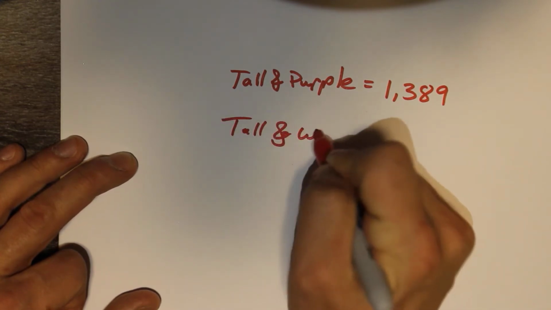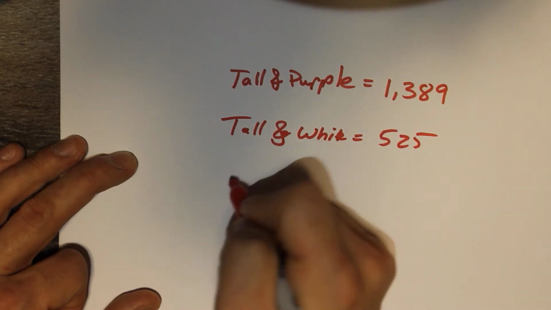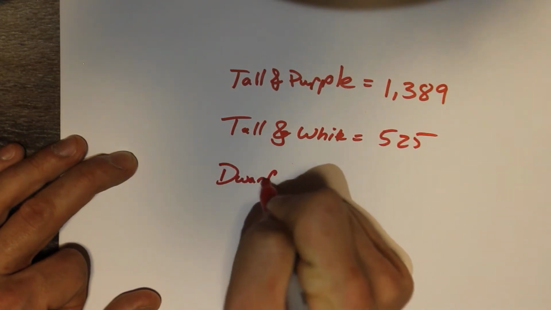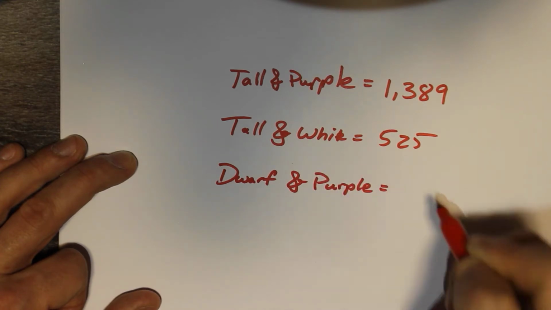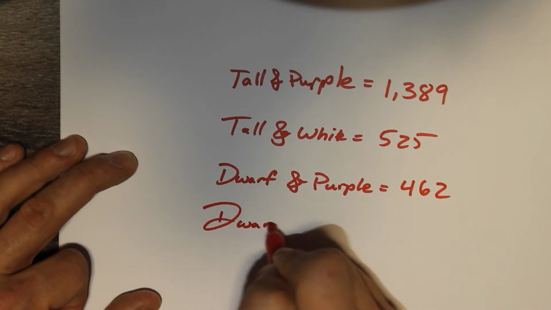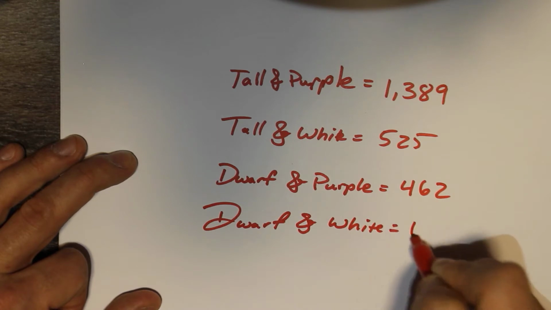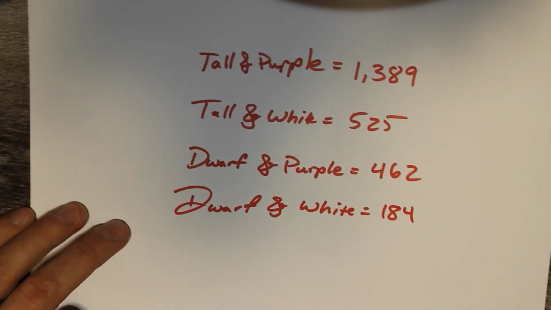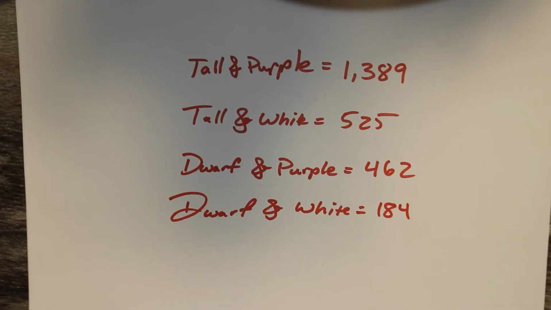Tall and white, 525. Dwarf and purple, 462, and then lastly, dwarf and white is 184. So this is what we're given in the problem. This is our initial data.